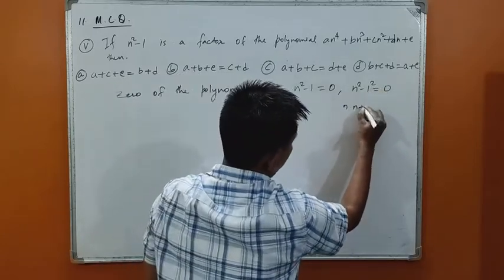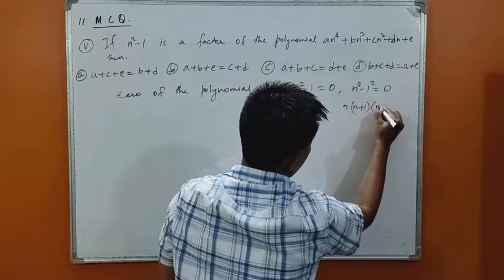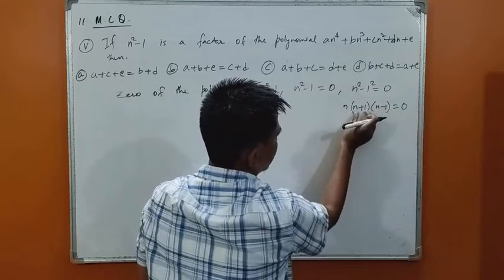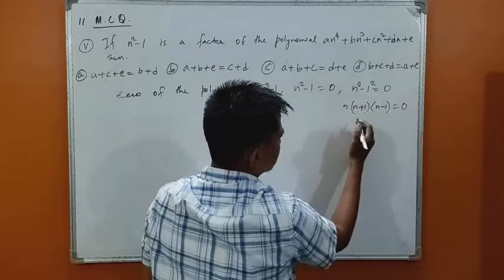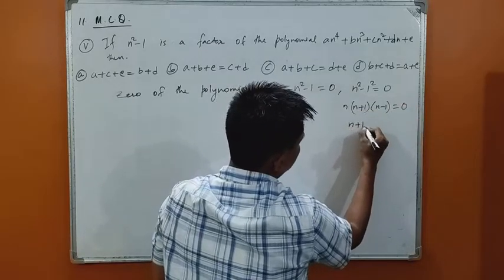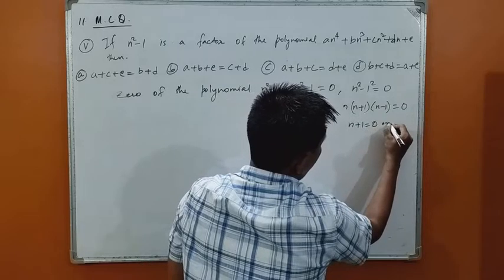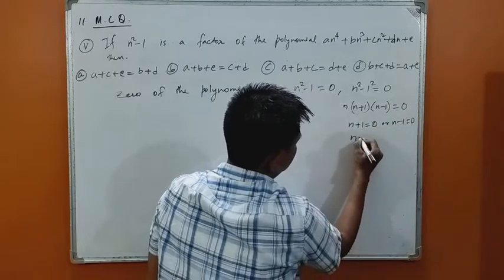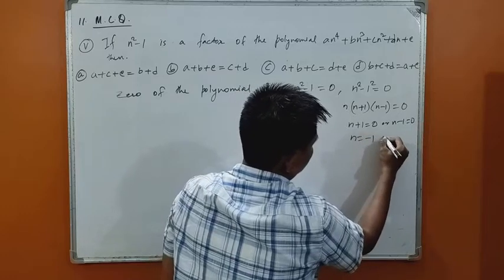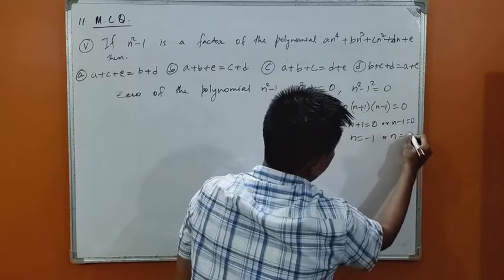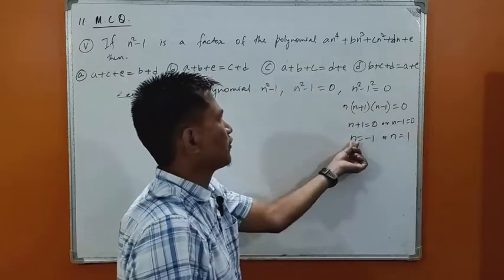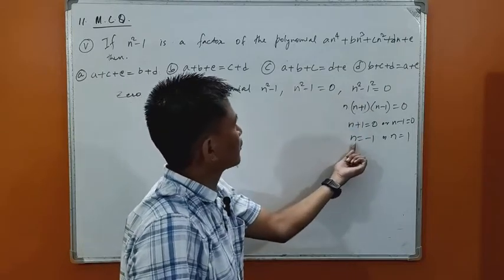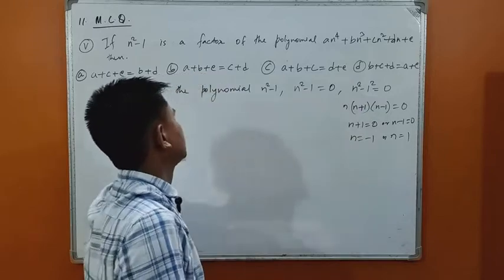Or x plus 1 into x minus 1 equals 0. This means the product of these two numbers equals 0, so either x plus 1 is 0 or x minus 1 is 0. If this is 0, then x equals minus 1, or if this is 0, then x equals plus 1. So we have two values because the power is 2, minus 1 and plus 1, isn't it?